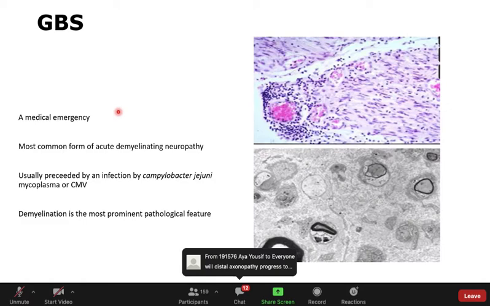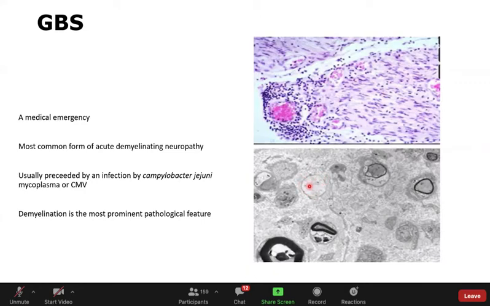So what you're looking at here are neurons that were damaged initially, as a result of whatever molecular mimicry, whatever you want to call it, anything that may have caused it. Then recovery will start to happen, and you can see the recovery happening here with a thin layer of myelin sheath.